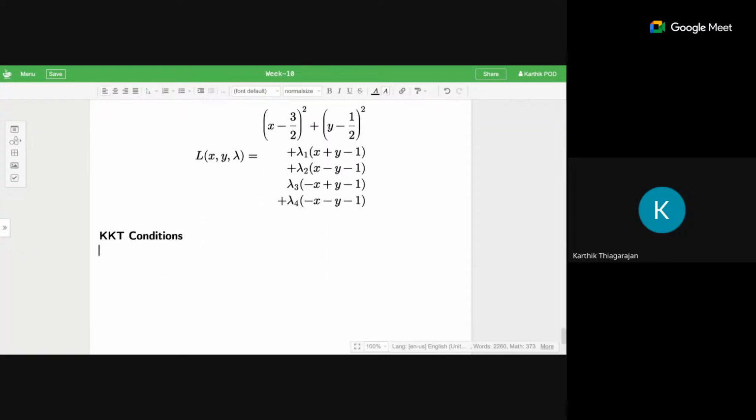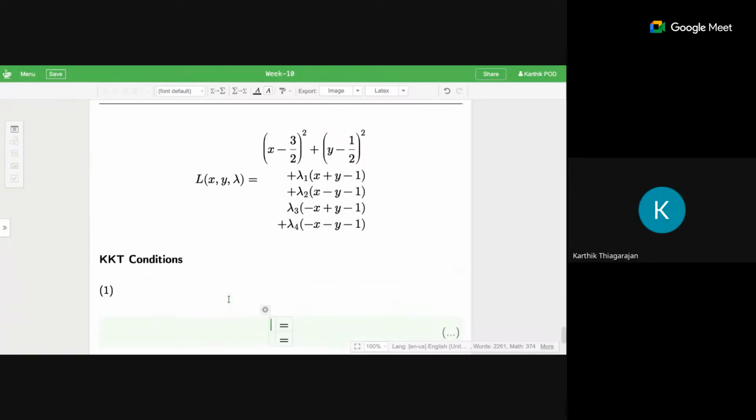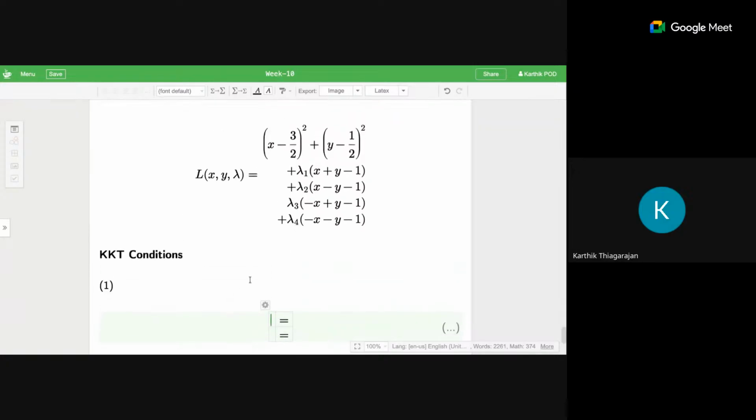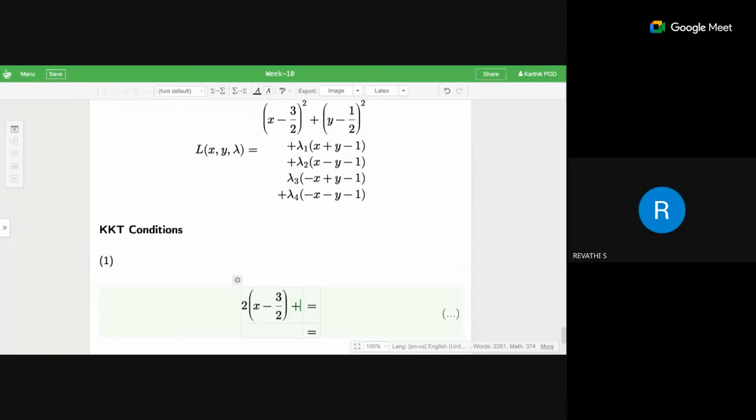Now the first condition, the stationarity of the Lagrangian. Remember, you have to do it for x and y, so you'll get two equations. What are they? 2 into x minus 3 by 2, plus lambda 1 plus lambda 2, minus lambda 3 minus lambda 4 equal to 0.